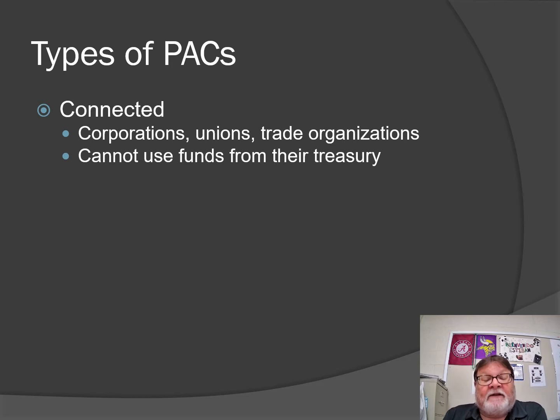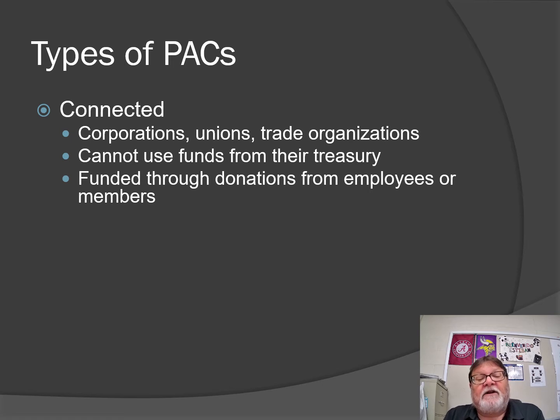The Teamsters Union does contribute through a PAC to candidates that support unionization, but they can't use the dues that they collect from their members. If you're a member of a union, you have to pay dues to that union. They cannot use that money. That's in their treasury. They can't use that money.